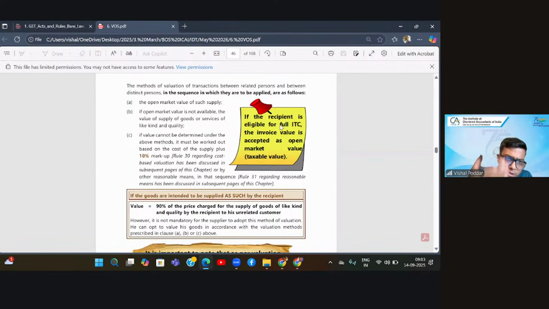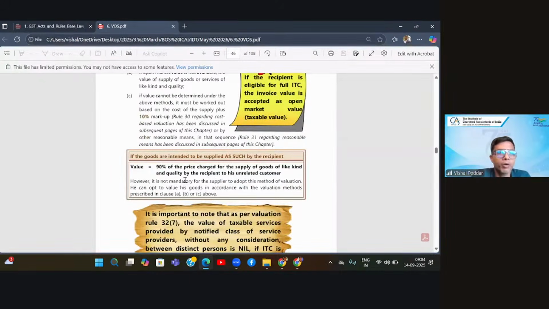So whatever GST I'll be charging to my recipient, the recipient who is my related person or my distinct person, is having no blocking of ITC, no reversal of ITC under section 17(2). It means the GST I charge is fully utilizable by my recipient. Then whatever price I'm taking, I have to check no valuation rule. I can take anything between 1 to 1 lakh. It will be my choice and it will be accepted.